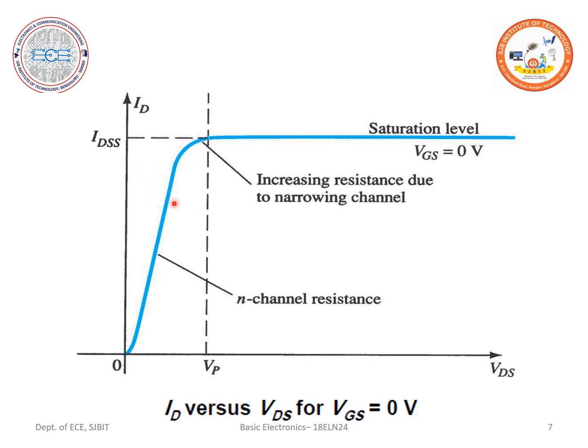Now there is a point where, even though I am increasing the drain to source voltage, which is nothing but my reverse voltage, the drain current ID is going to level off, or become stagnant, or saturated.